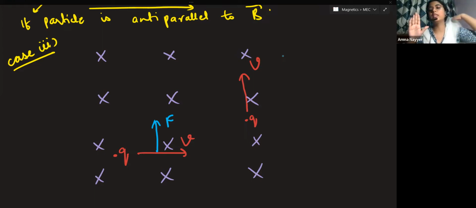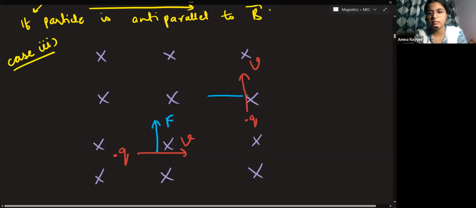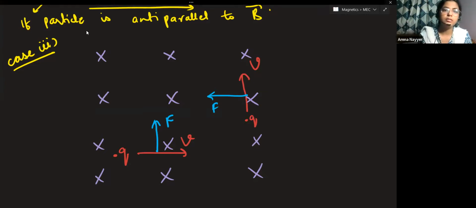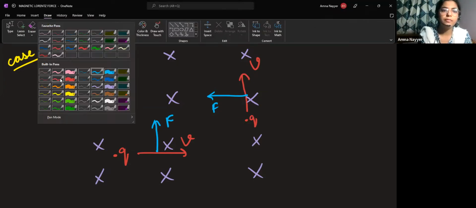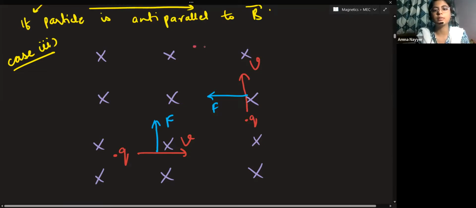Now I have to curl the fingers towards the magnetic field. If I curl it towards the magnetic field, which direction is this? Left hand side. Left hand side, or Krishna said minus i cap, both are right. This is right. Now try this one.